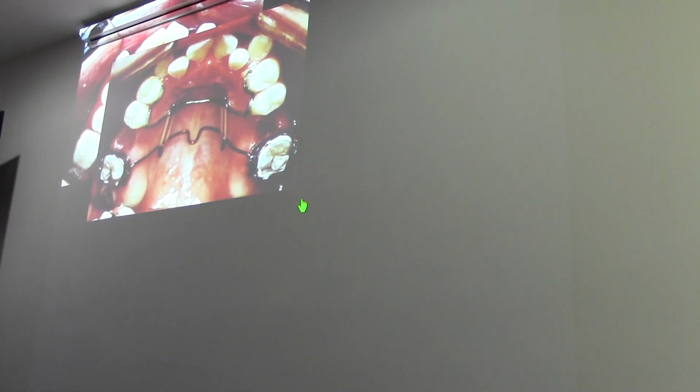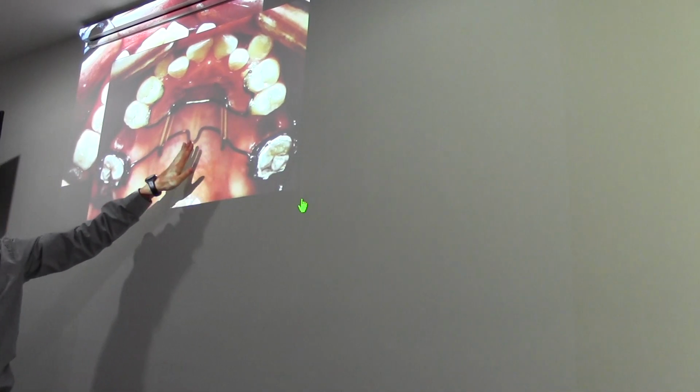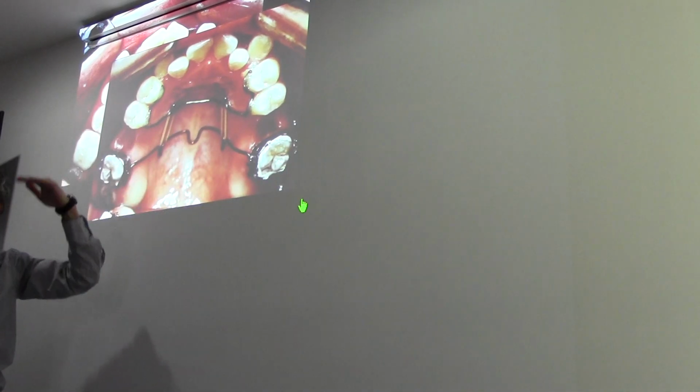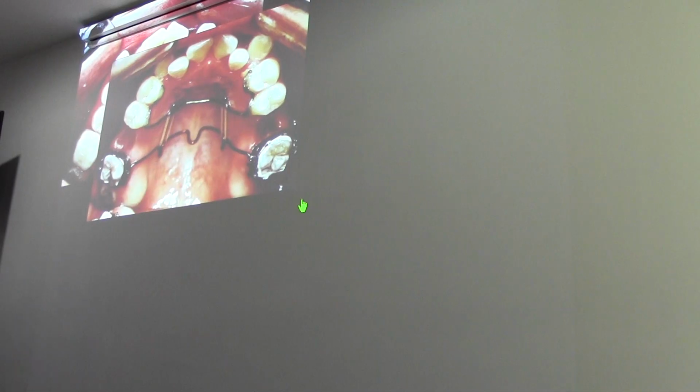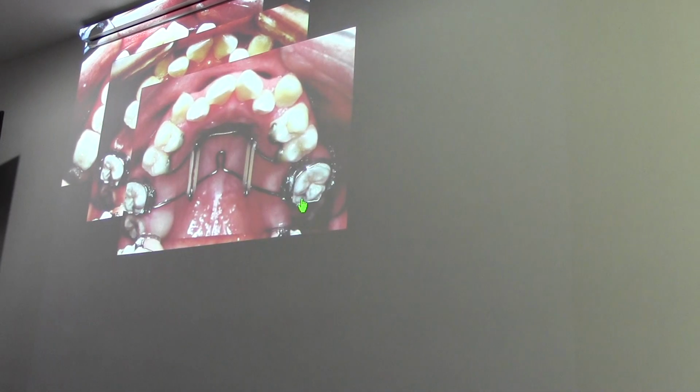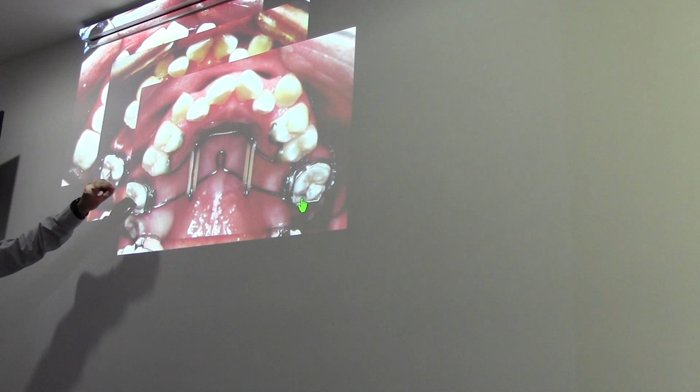Now, let's say we took a lateral ceph of this patient, and the location of this hook is about the center of resistance, up high in the palate. If the palate is high enough, you can place the force up near the center of resistance, so that anterior and posterior teeth move in translation.